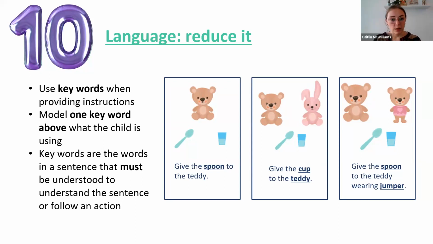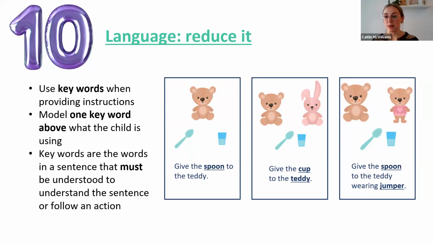In these 3 boxes, the examples are with 1 teddy, 1 spoon and 1 cup. There's only one keyword when you say give the spoon to the teddy, because you've got a choice of the spoon and the cup, but just 1 teddy. In the next box, you've got a teddy and a rabbit, so there's a choice between a teddy or a rabbit, and also between the spoon and the cup.